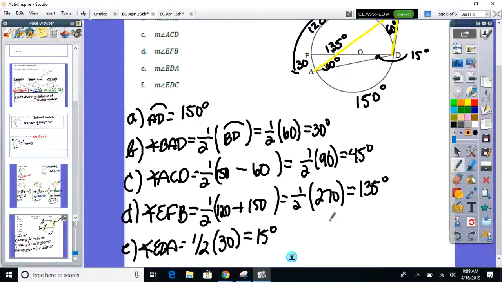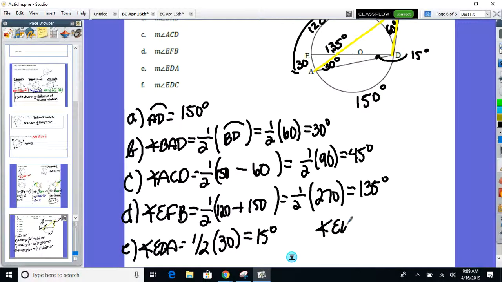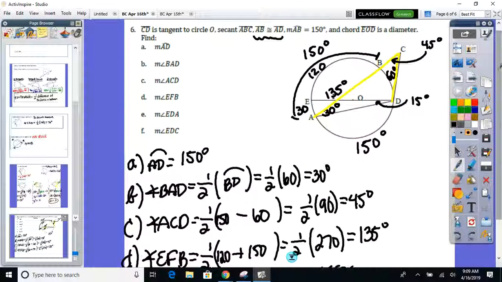EDC. There's two ways we could do this, because we talked about it today. What's ED? Diameter, and what's CD? Tangent. So it's kind of like a tangent and a chord, because the diameter is a chord. And what was that rule from today?